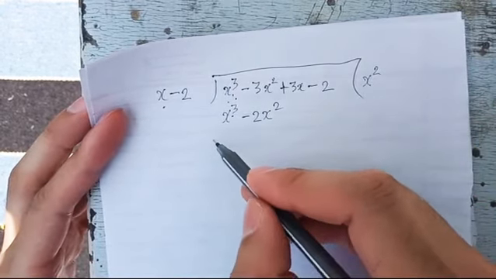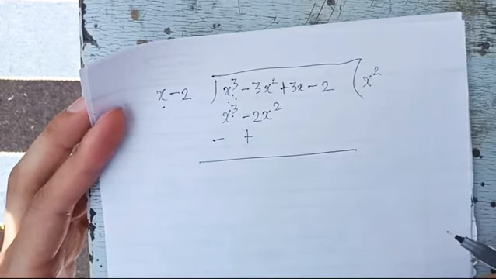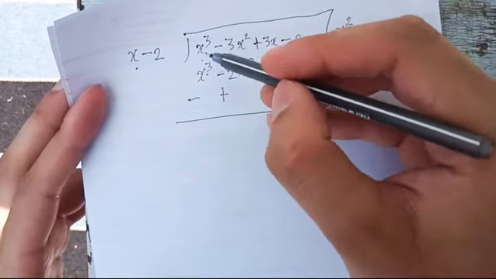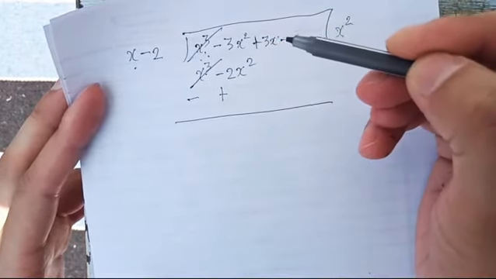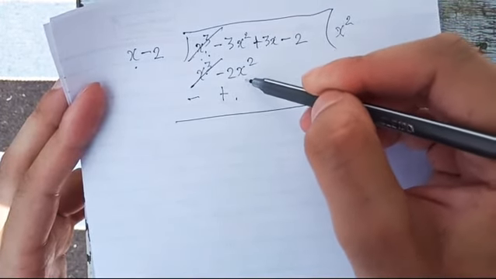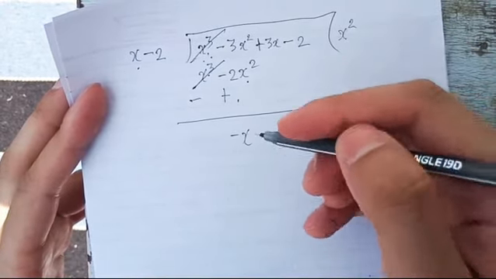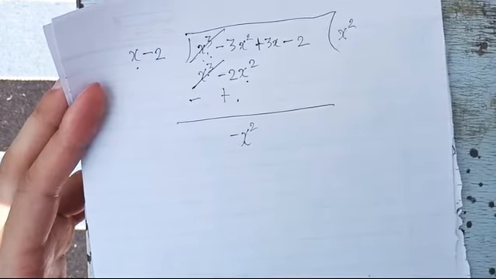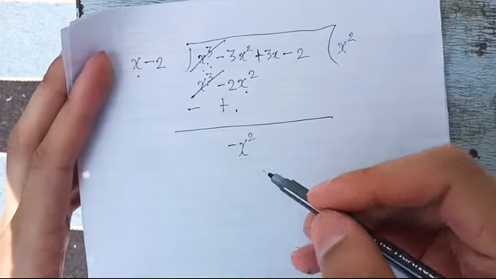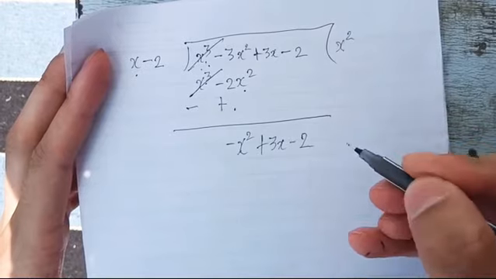Then subtracting, minus plus. So x cube and x cube will cancel out, and minus 3x square plus 2x square will become minus x square. Minus 3 plus 2 is what? Minus 1. So here minus x square, then plus 3x minus 2.